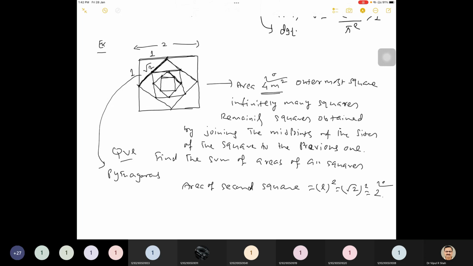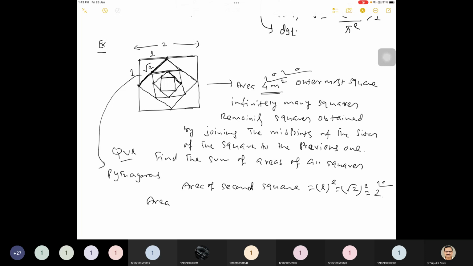So that means this length is root 2, so half of the length is root 2 by 2, which is 1 upon root 2. Same way you can obtain the length of this side and then the area. But you will see that it will become half of that. This is 4, this is 2.